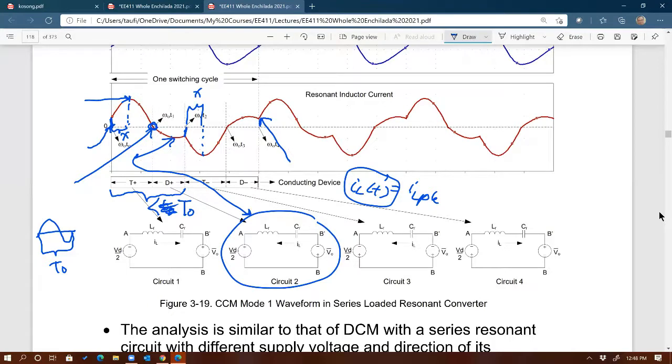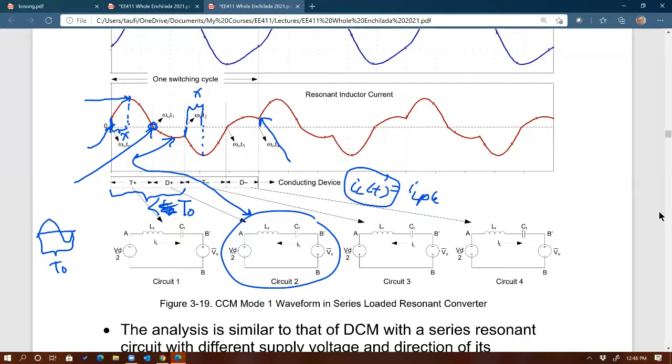So when you derive the equation for the inductor current, you have to watch out which segment you are looking at. If it's the time segment where the switch is conducting, then the initial condition is not 0, as you can see from that picture. But if it's the time segment where the diode is conducting, then the initial condition is 0. That makes sense. Thank you. You're welcome. Any other questions?